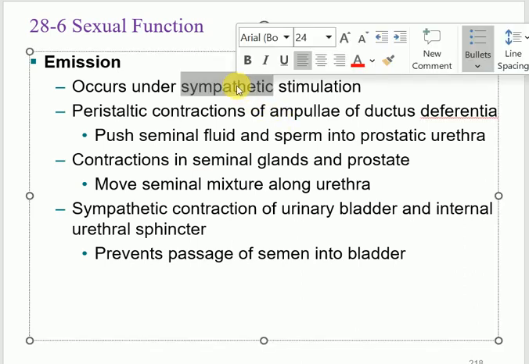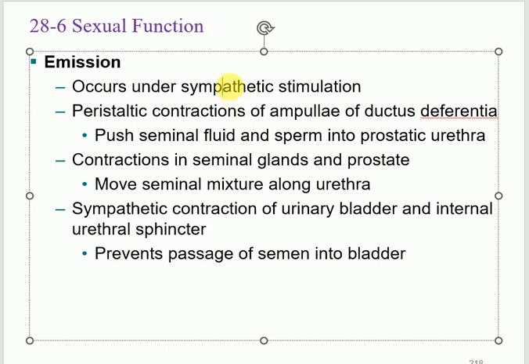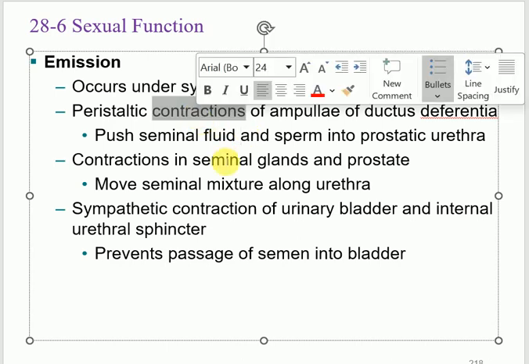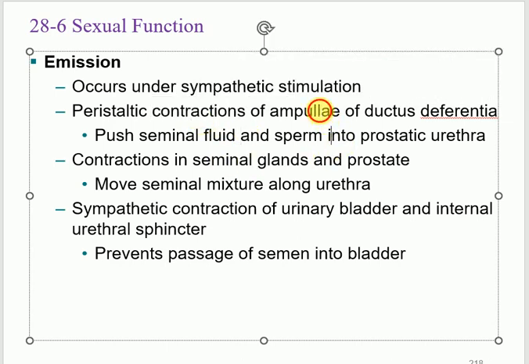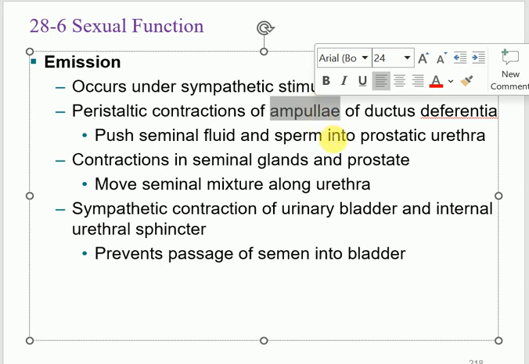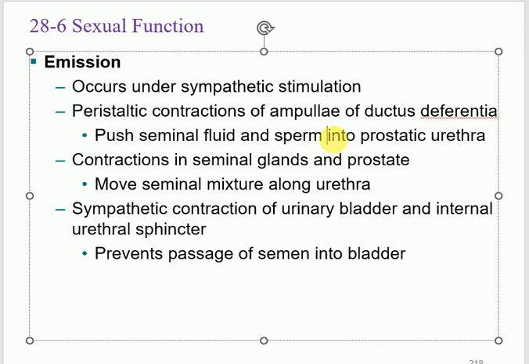Sympathetic will lead to peristaltic contraction of the ampulla. Remember that ampulla at the end of the ductus deferens or the vas deferens. These are going to contract so that the semen that's in there is going to be pushed out and go into the prostatic urethra. The seminal gland is going to also contract.